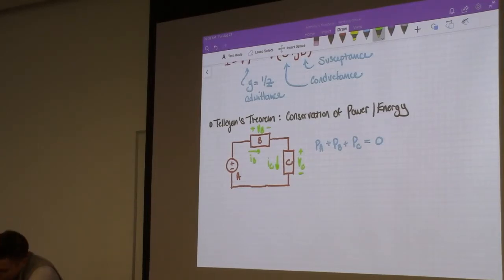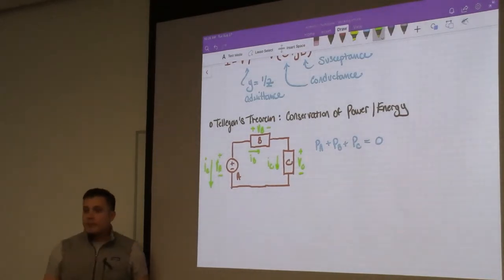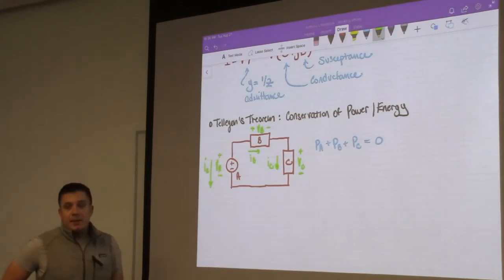That's no big deal. All that means is our VA will be plus minus. Our IA will have a direction that looks like this. So you'll see that IA, that direction conflicts with IB and IC.